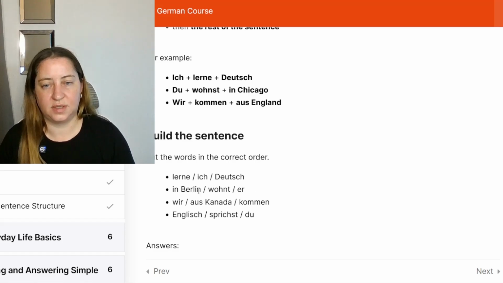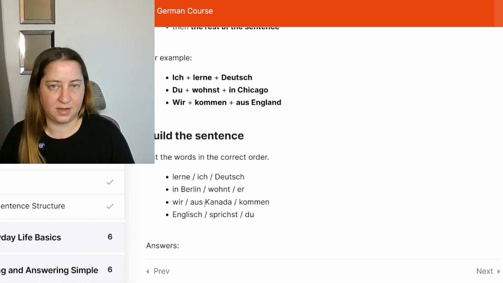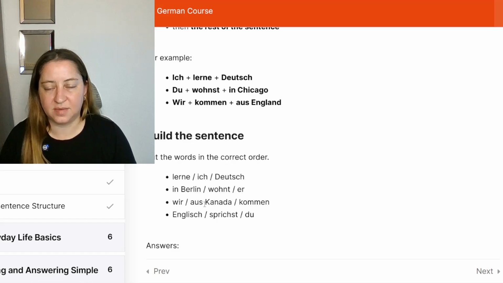Er wohnt in Berlin. In our next sentence, we can use wir, aus Kanada, kommen. So we take our subject wir, then a verb kommen, and last aus Kanada. Wir kommen aus Kanada. We come from Canada.